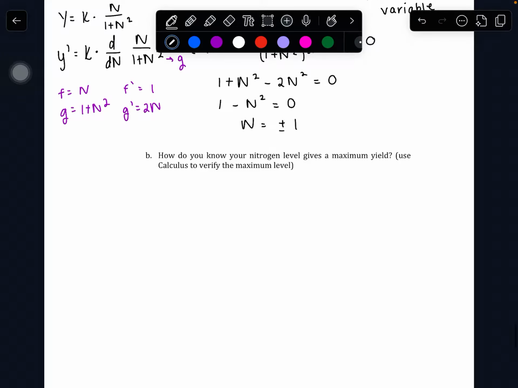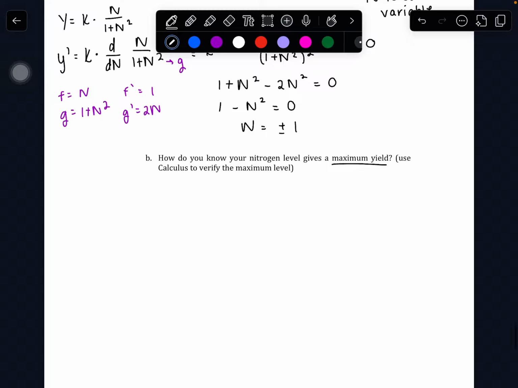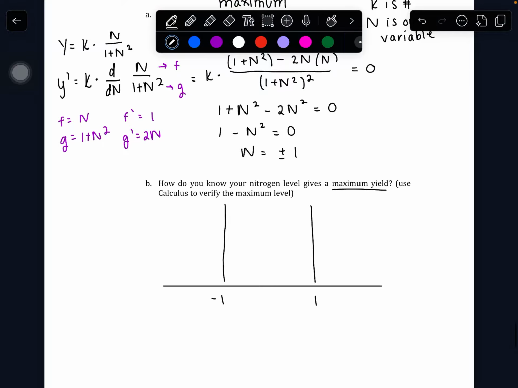Okay. So for part B, how do we know it's a maximum? Well, let's figure out which one of these is the maximum. Okay. So I do my little table, and I need -1 and +1. So I want to figure out what's happening on the y derivative, and that'll help me figure out what's happening with y.